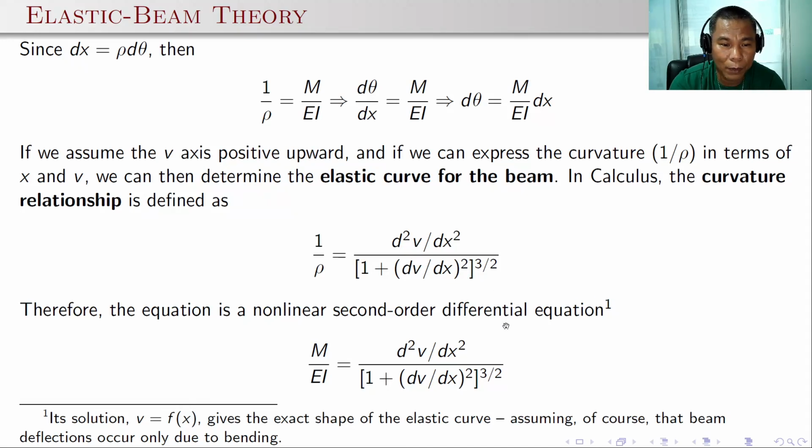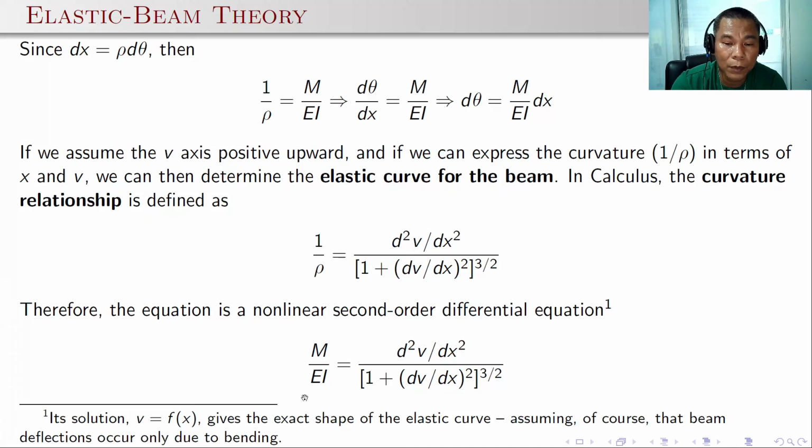Therefore, the equation is a nonlinear second-order differential equation. This, in its solution, v is equal to f of x. It gives the exact shape of the elastic curve, assuming, of course, that beam deflections occur only due to bending. So this is quite difficult to solve because this is a nonlinear second-order differential equation.